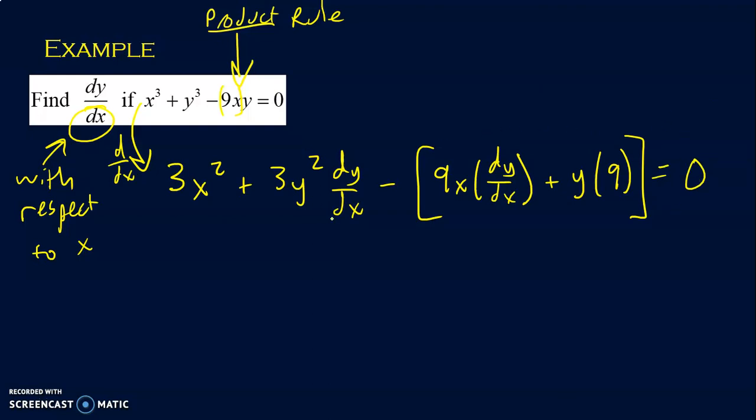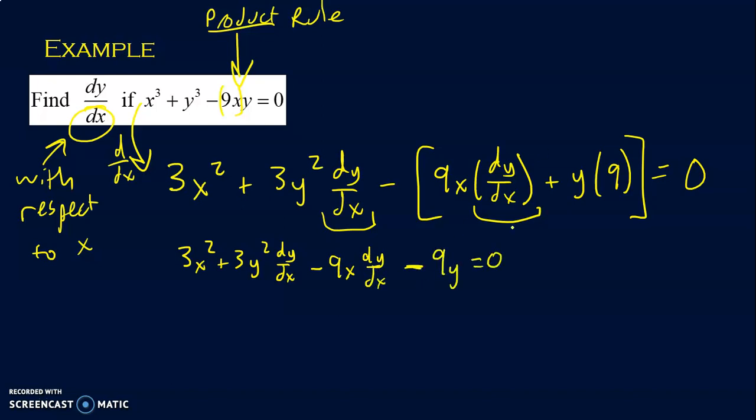Okay, so now I need to get my dy dx terms on one side and get everything else on the other side. Now I'm going to distribute this negative before I start moving things around. So 3x squared plus 3y squared dy dx minus 9x dy dx minus 9y equals 0.